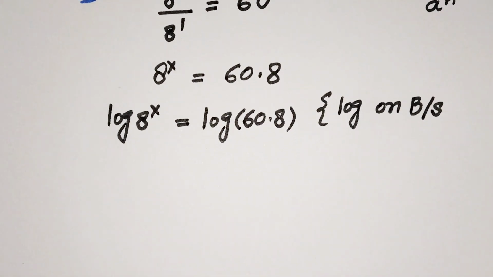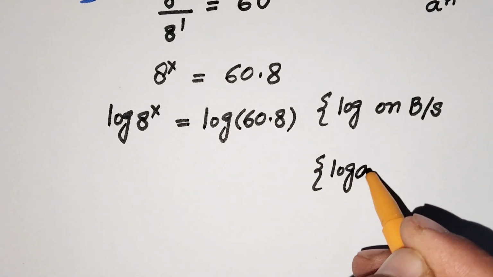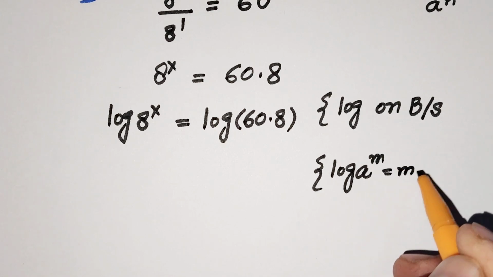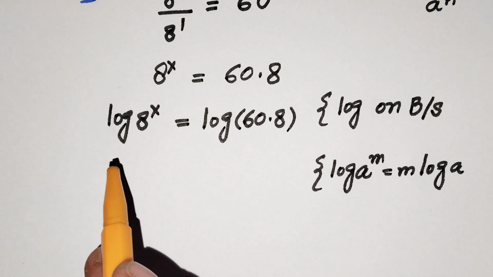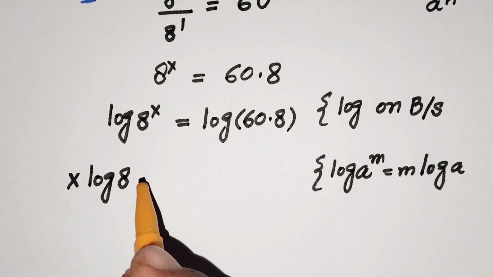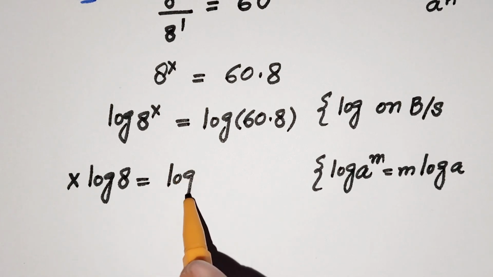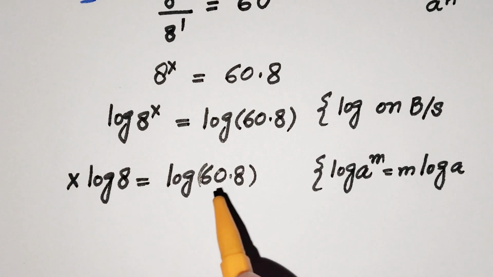Now using the logarithm power law, log a raised to power m is equal to m log a. So here our left hand side will be x log 8 is equal to log of 60 times 8.